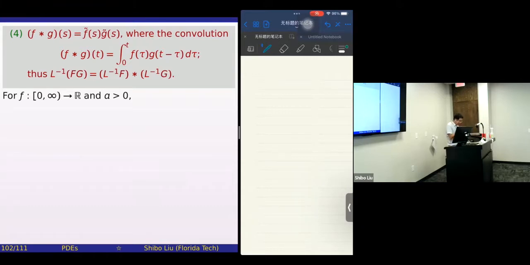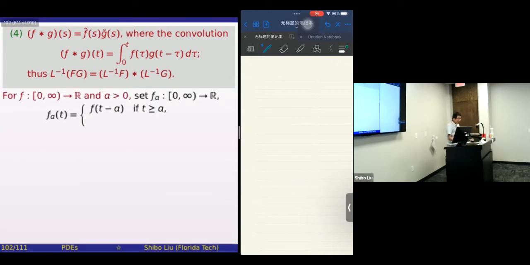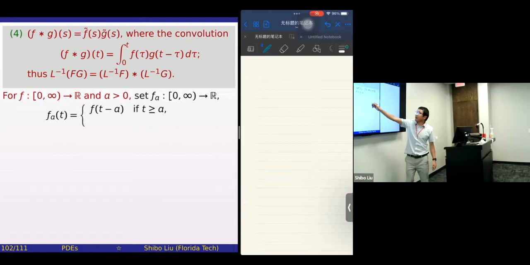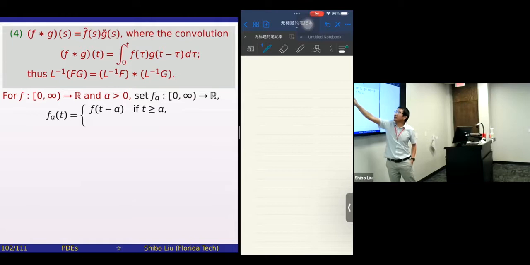Now, there is still another important property I will introduce to you. Suppose f is a function defined on the positive half axis, and a is a positive number. Then we define a new function f_a. f_a is also defined on 0 to infinity, and the value of f_a at t is related to f but depends on t and a. If t is not less than a, then the value of this new function at t equals the value of f at t minus a.